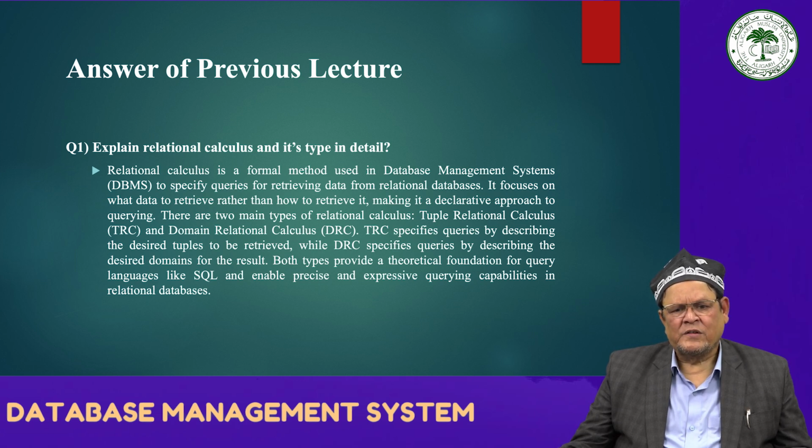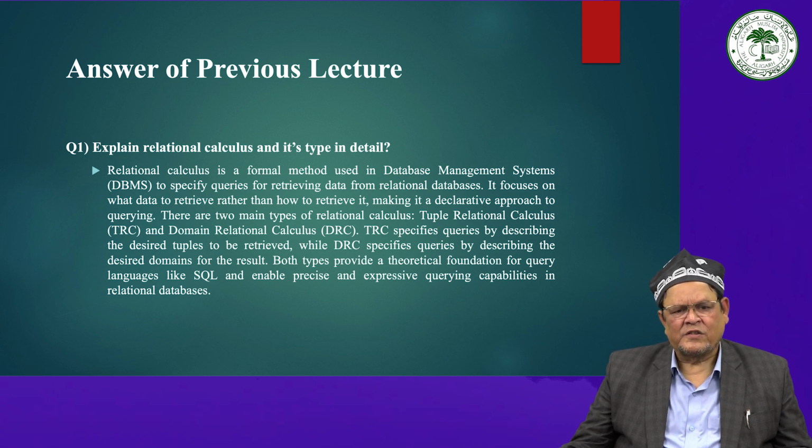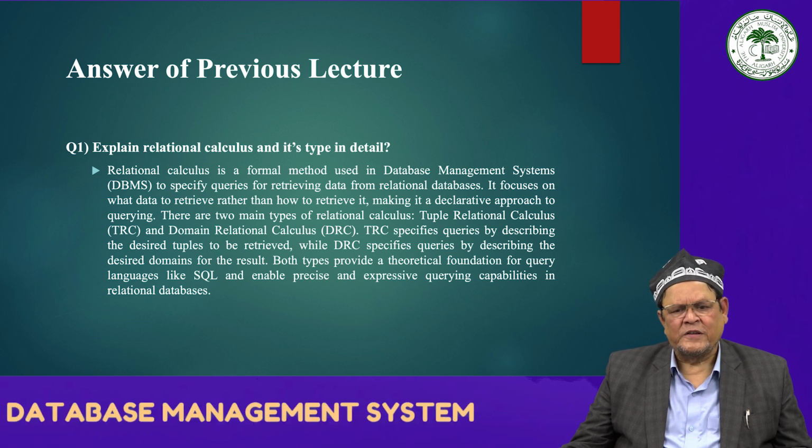TRC specifies queries by describing the desired tuple to be retrieved, while DRC specifies queries by describing the desired domain for the result. Both types provide the theoretical foundation for query languages like Structured Query Language and enable precise and expressive query capabilities in relational databases.